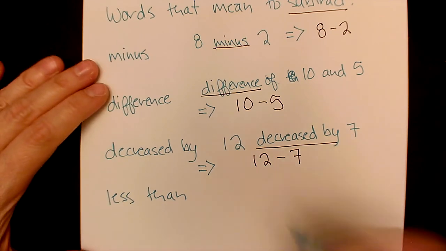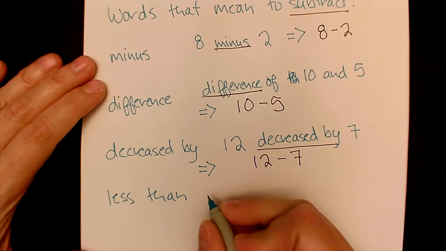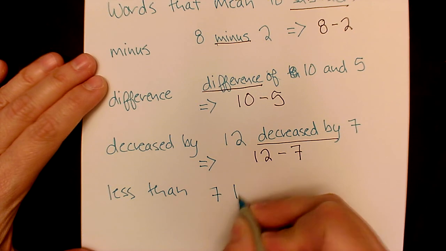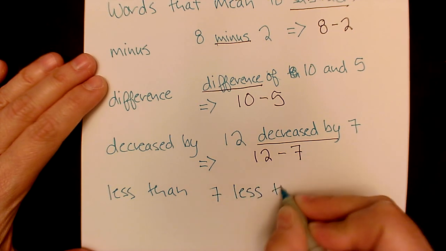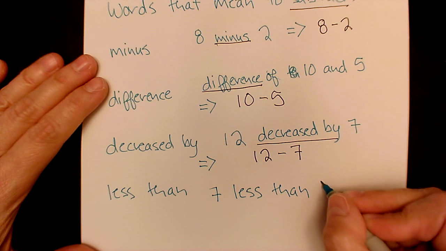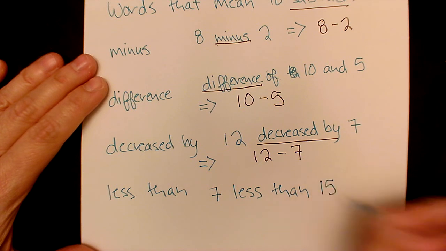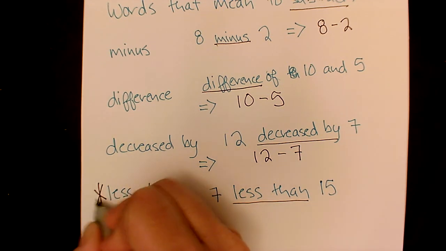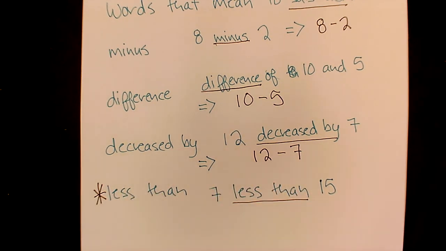So for less than, if I had something like 7 less than 15. Let me put a star because there's two that are different.